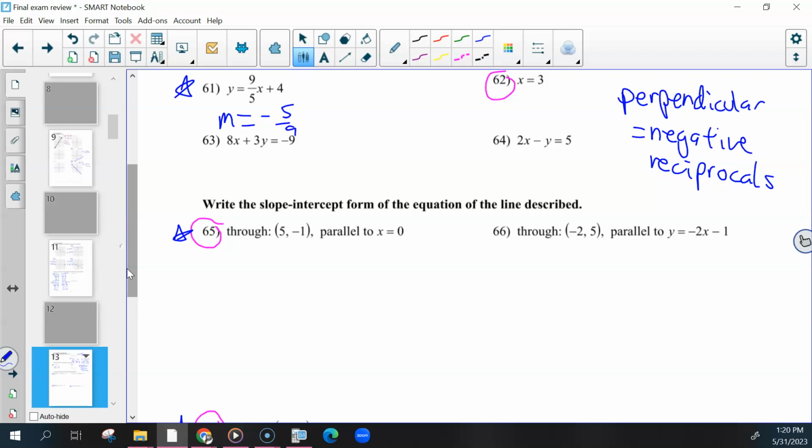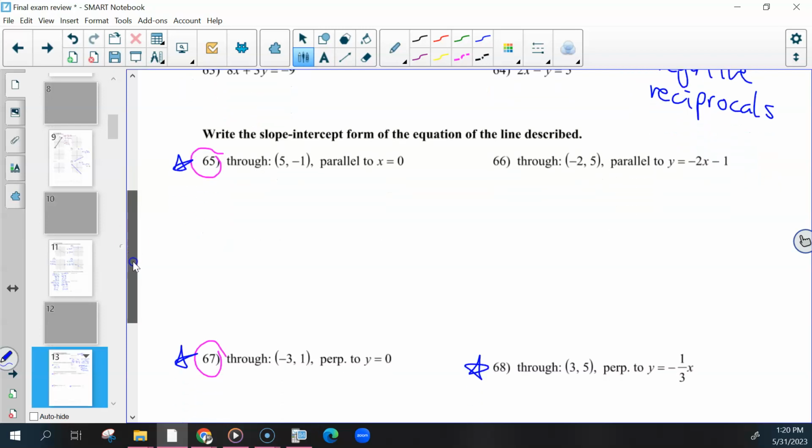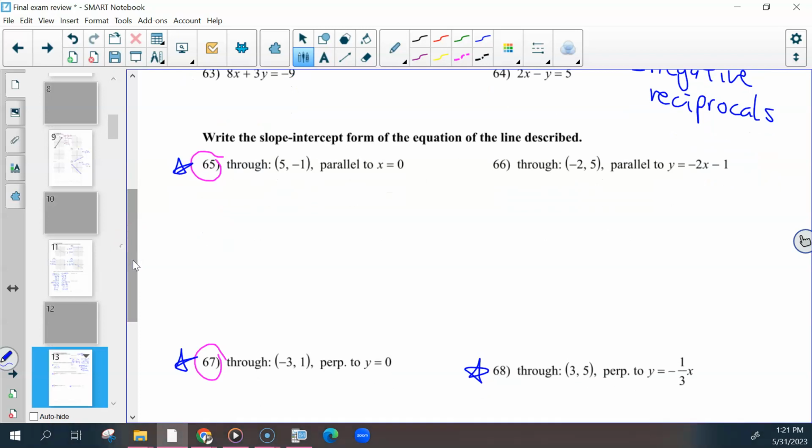65 and 67 are very similar. They both can't really show the work. There are some things you can show, but not a whole lot. Because this is an x equals or a y equals, you have to know your rules. In 65, because it's parallel, you need to know what type of slope this has.